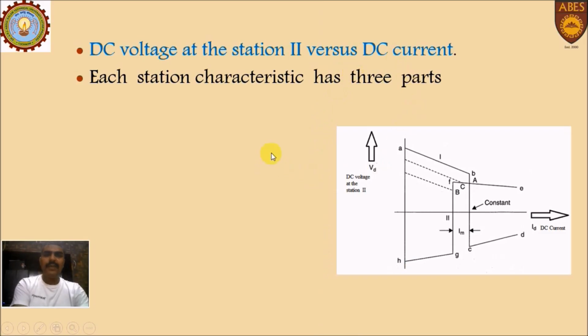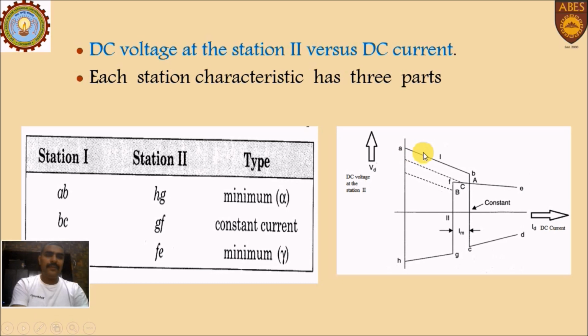Whenever we are drawing a converter control characteristic, this characteristic is between the DC voltage at station 2 versus the DC current. Means whenever we draw a curve between DC voltage at station 2 and the DC current, that is known as converter control characteristic.